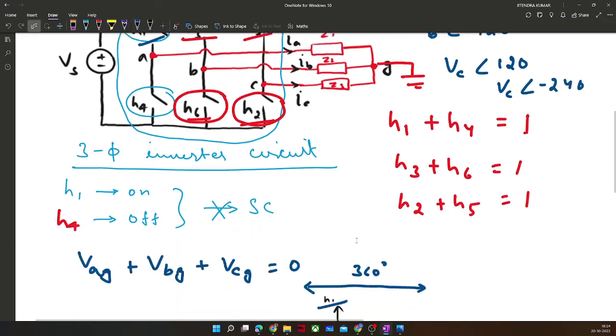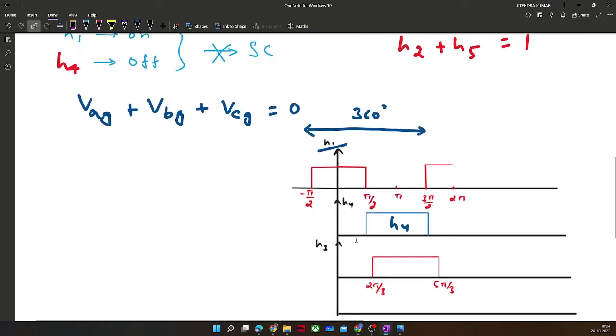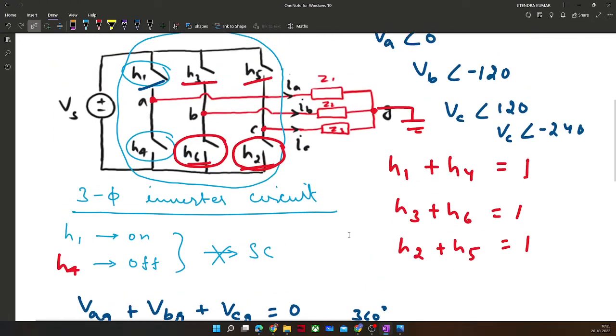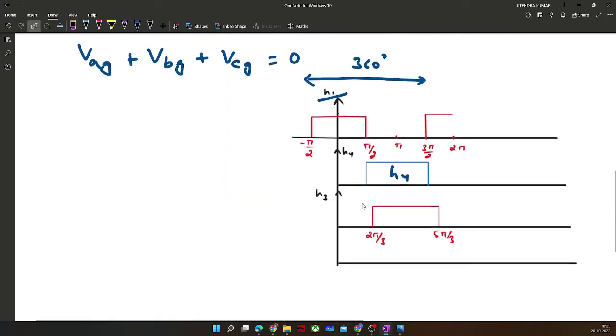So here also for conduction of phase B or second phase, it will be shifted from H1 by 120 degree. So this is the waveform of H3, and it is shifted from H1 by 120 degree. So it is conducting from 2 pi by 3 to 5 pi by 3.